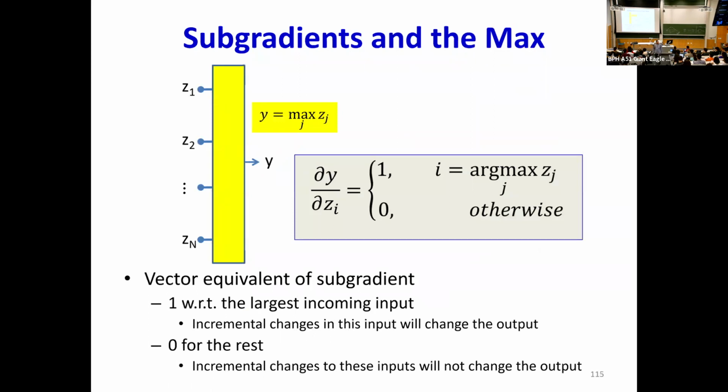Here's the other thing. The max is also a special case of a ReLU, really. Why is the max a ReLU? Suppose I consider max of x1, x2, right? If I consider max of x1, x2 as a function of x1, then this is x1. This is the function, right?